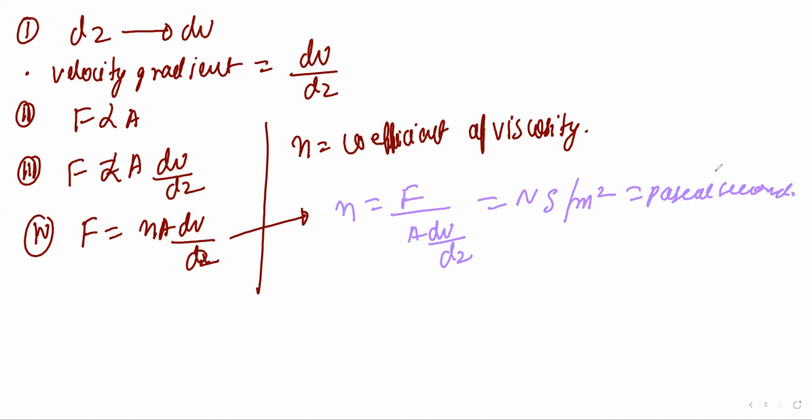It is also measured in poise. You can use this relation for numericals. 1 poise is equal to 1 gram per centimeter per second, which is 10 raised to minus 1 kg per meter per second.